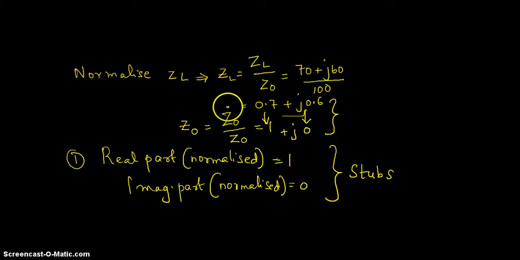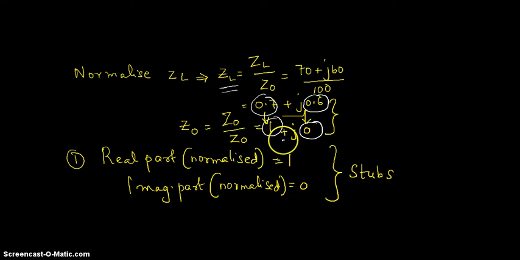So the first step, or what we are actually doing with the Smith chart, is that we will try to normalize the impedance. So we have small zL equal to capital ZL by Z0, which is 70 plus j60 by 100, which is 0.7 plus j0.6. If I normalize Z0 also, Z0 by Z0 will be equal to 1. As I told you before, the meaning of matching is I have to make the real part equal to 1 and the imaginary part equal to 0.